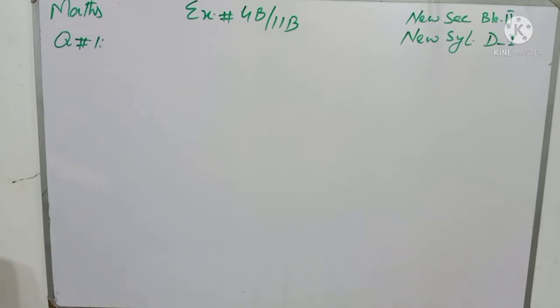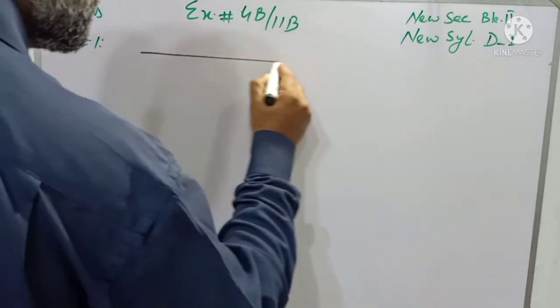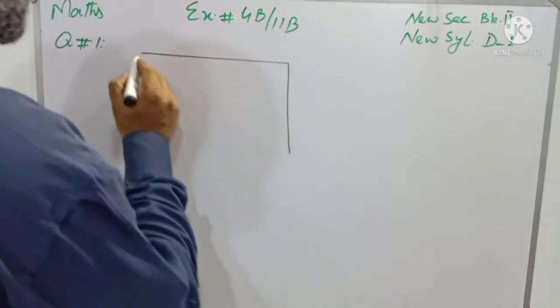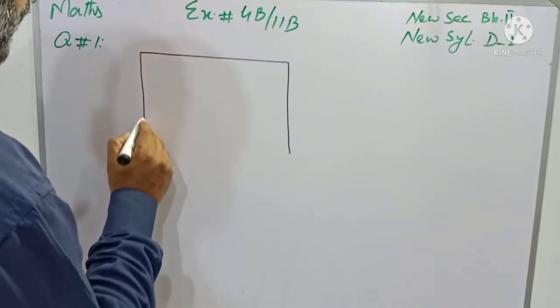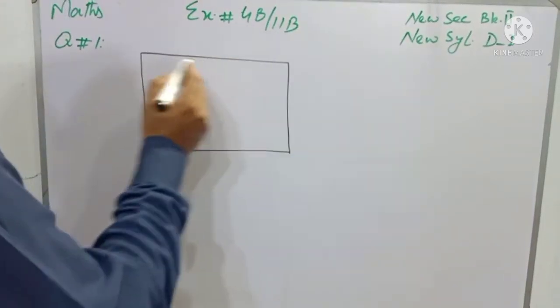So students, in question number 1 there are two parts and both parts are rectangular in shape. A rectangle is a quadrilateral in which opposite sides are equal and parallel, whereas all angles are right angles.